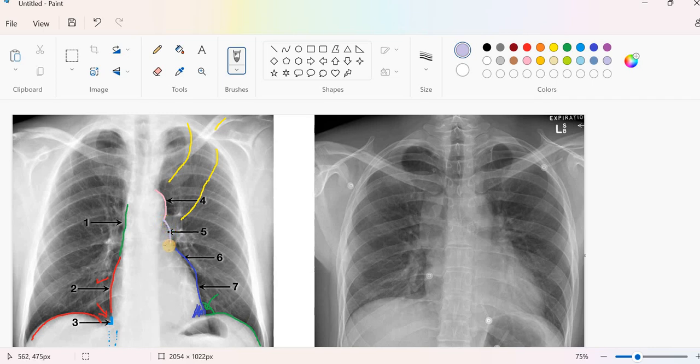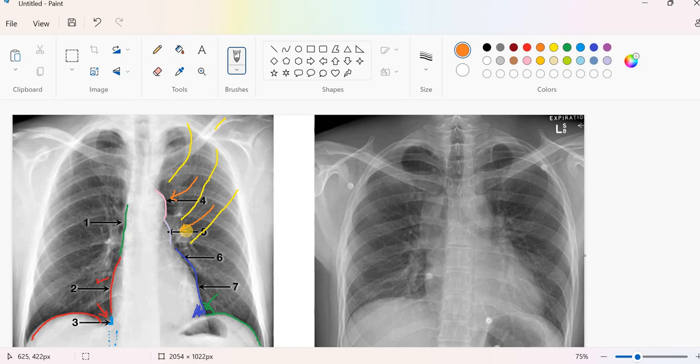It is located in the following space. Where is the following space? This is the third rib. So here, the first intercostal space is occupied by the aortic knuckle, which is the end of the aortic arch, followed in the second space by the shadow of the main pulmonary artery.